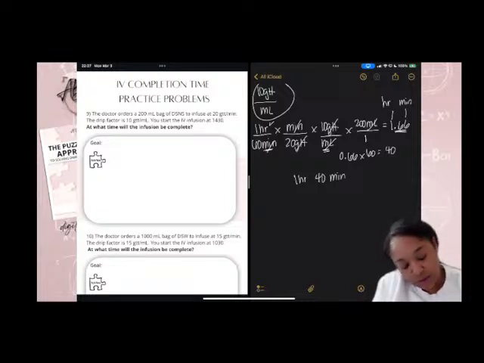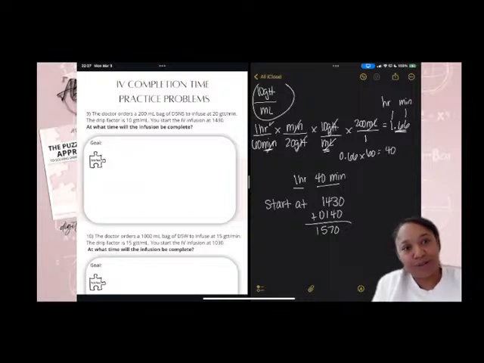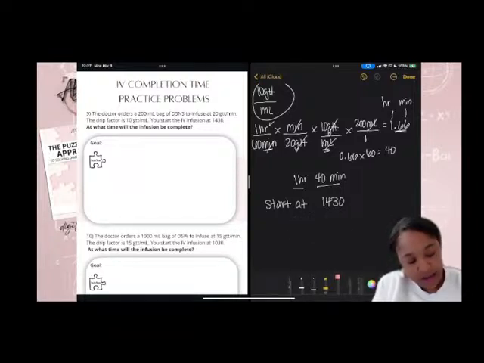So if you start at 14:30 and you add 1 hour and 40 minutes to it, you're going to get something that looks like this, right? Unless you know that 60 minutes is an hour and then you have to carry the one over. So what I do when my start time is at the half hour, I round it up to the next hour and I just borrow it from the time that I have.